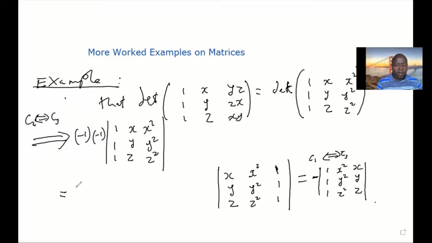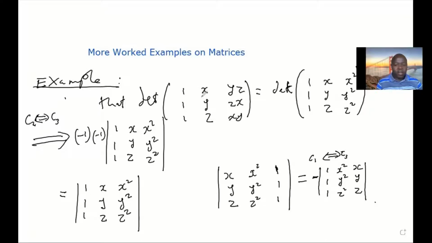So what I now have is this: 1, 1, 1, x, y, z, x squared, y squared, z squared.